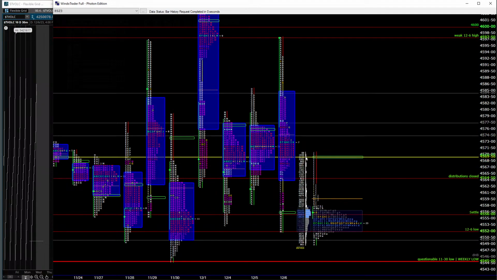And it may add another day to this balance. Balance days usually have more opportunities, but fewer gains. I don't expect something big to develop out of this. That's the expectation. Doesn't mean that's going to happen.